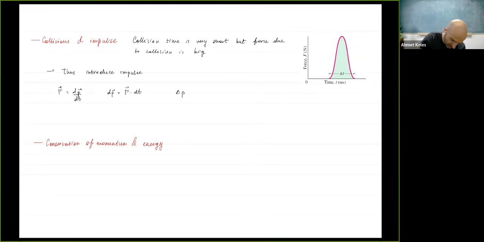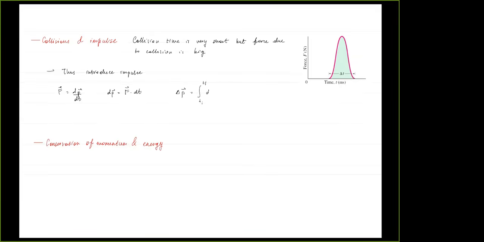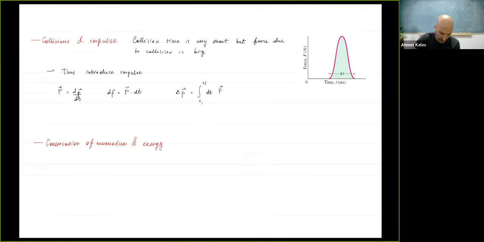Total change in momentum, which is a vector, should be equal to, from initial time to final time, the integral over t of the force. We generally show this with some capital J, and we call this impulse.